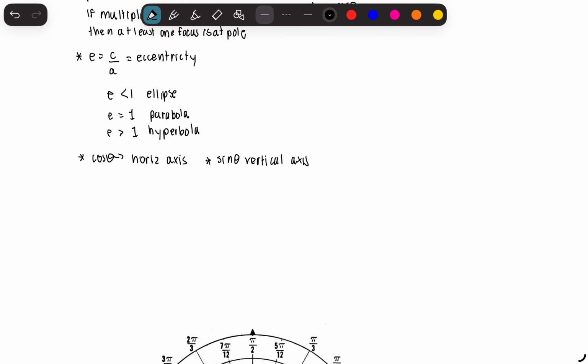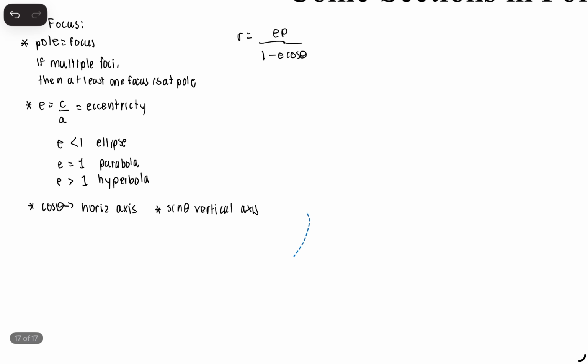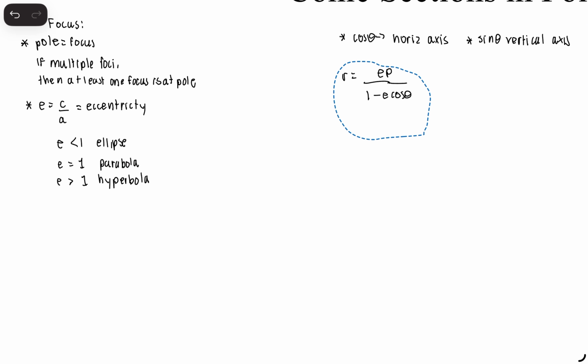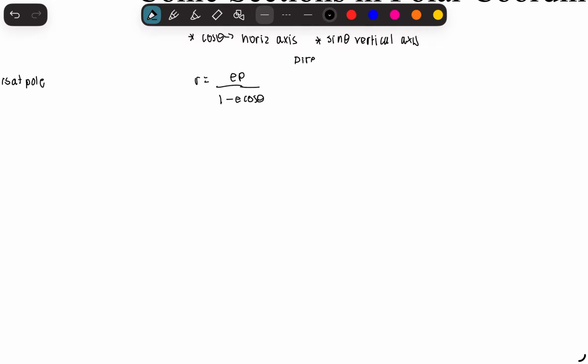Now let's talk about our directrix direction. Everything is going to boil down to where you can figure out where the directrix is going to be. So in r is equal to EP over 1 minus e cosine theta, you're going to have a directrix to the left, and it's p units from the pole.